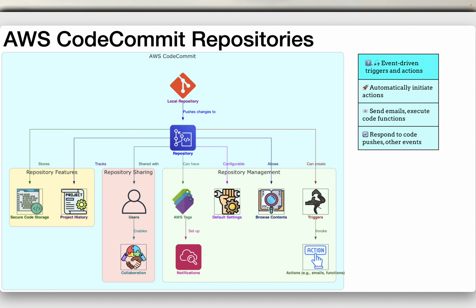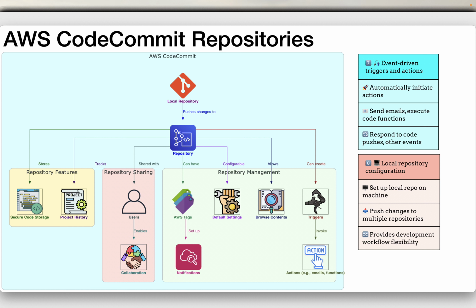You can create triggers for your repository that automatically initiate actions such as sending emails or executing code functions in response to specific events like code pushes or other repository activities. CodeCommit enables you to set up a repository on your local machine, which is a local repo, and configure it to push changes to multiple repositories, which provides flexibility in your development workflow.